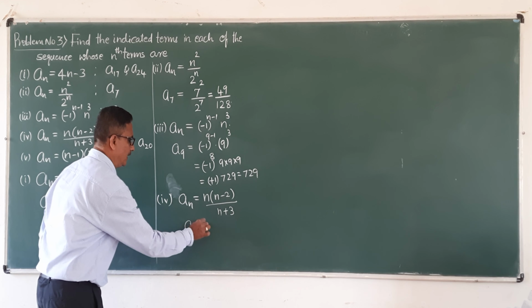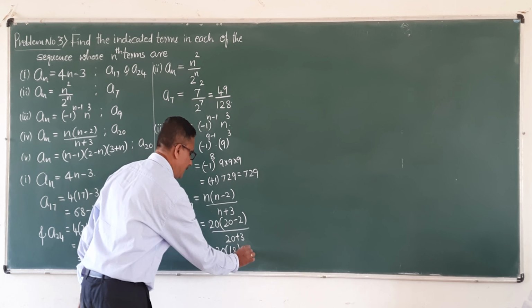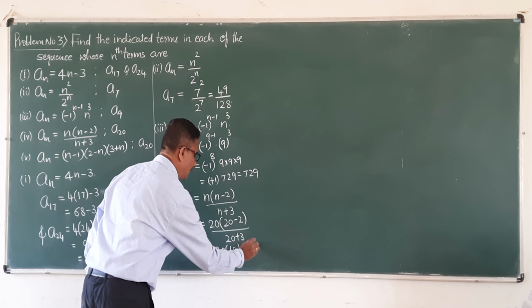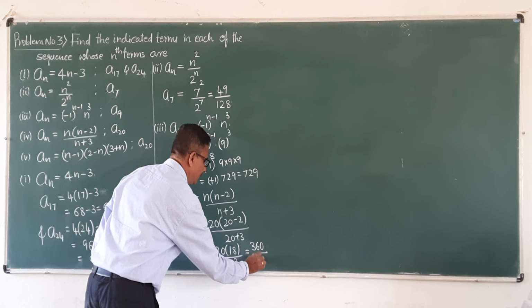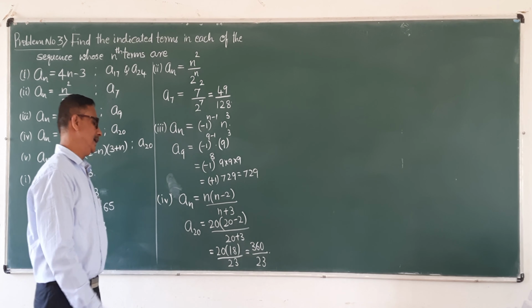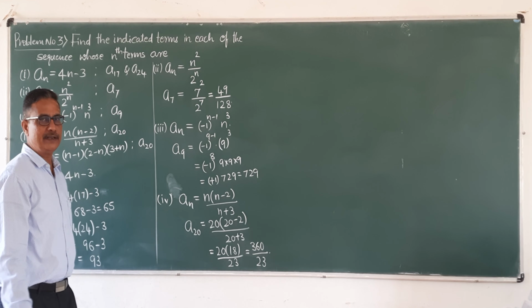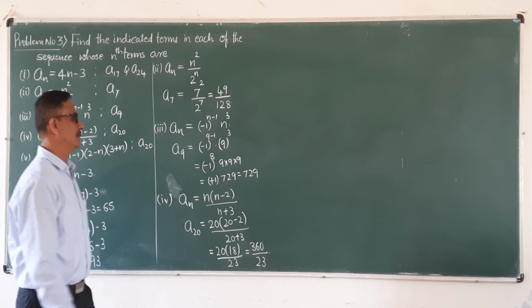That equals 20 into 18 divided by 23. 18 twos are 36, that is 360 divided by 23. So A20 value is 360 divided by 23.